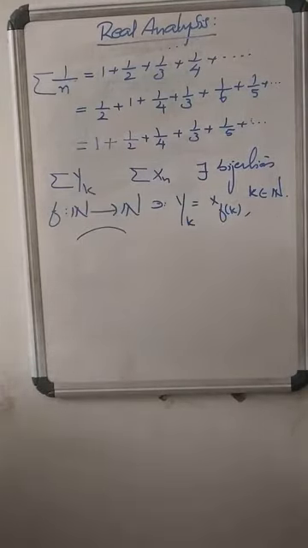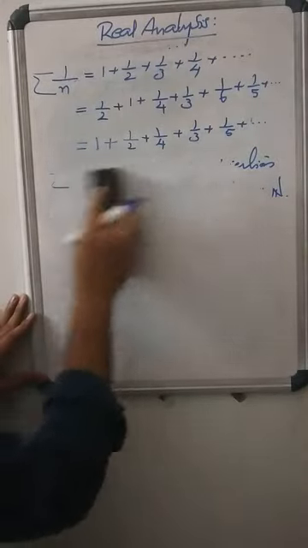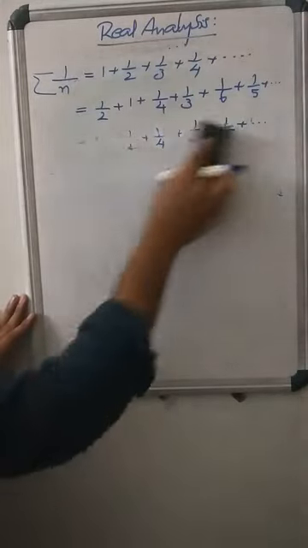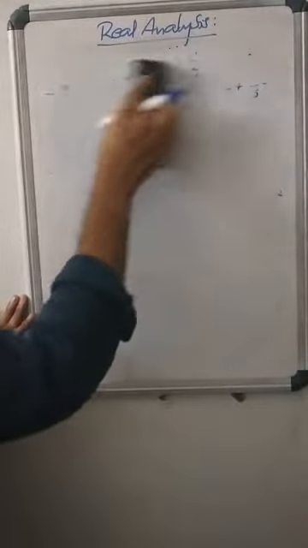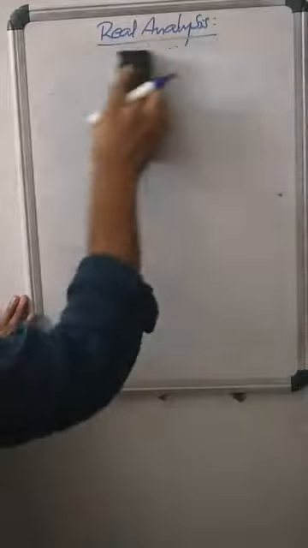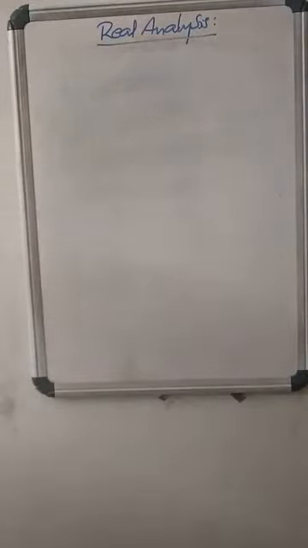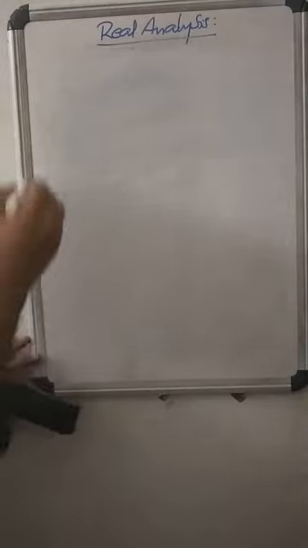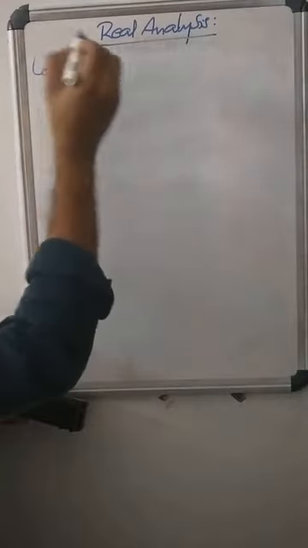So we already saw that when sigma xn converges, the series obtained from sigma xn by grouping the elements also converges. So what about the convergence of a rearranged series? That theorem is known as the rearrangement theorem. The rearrangement theorem states: let sigma xn be absolutely convergent.